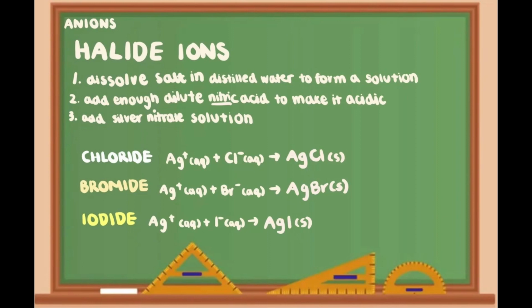So in all these three cases, a precipitate would form, but the color varies slightly from white to cream to yellow. These three equations, we actually call them ionic equations. They're not the full equations, but they are quite useful for illustrating what is happening, what precipitate is forming that causes this color change. A little note, you probably won't be asked about it, but occasionally these precipitates can slightly discolor over time, so they might turn gray or pale purple, but you really just need to remember chloride ions turn it white, bromide ions turn it cream, and iodide ions turn it yellow.